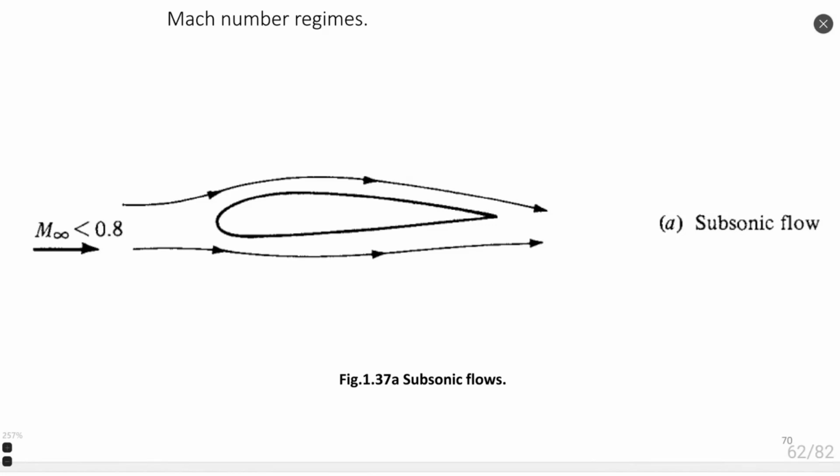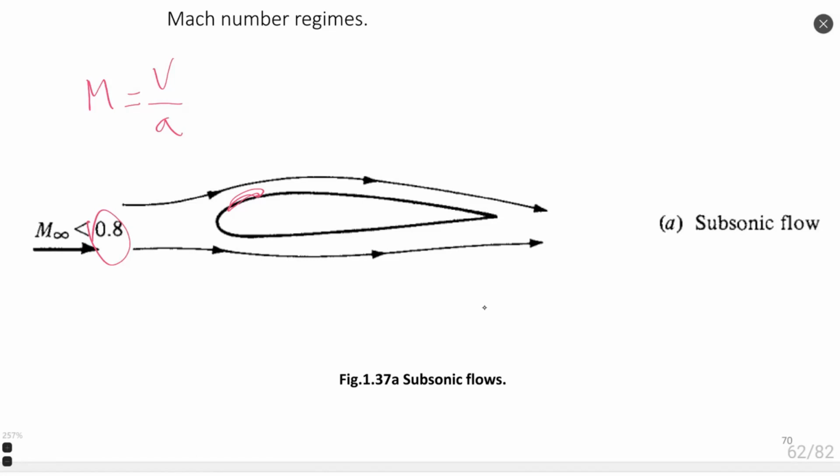Mach number regimes: subsonic flow, you already know, right? Some flow which has values of Mach number everywhere smaller than 1. Mach number, as we saw today, is the ratio between velocity and speed of sound. Why 0.8 here? Because if we work around an airfoil, we have a local increase of velocity on the upper part of the airfoil.